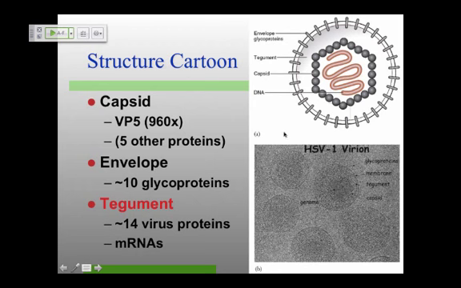And then the unique thing as far as all these herpes viruses is concerned, it's what's in between. So it's what's in between this envelope and the capsid. We've got at least 14 specific virus proteins that are in there, messenger RNAs, etc. And so what that means is, as usual with an enveloped virus, what happens? The envelopes fuse, wherever it happens to be.